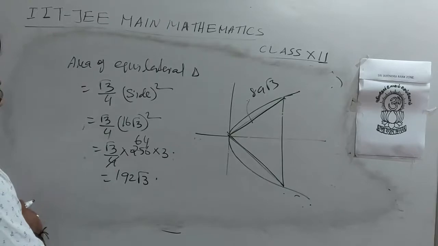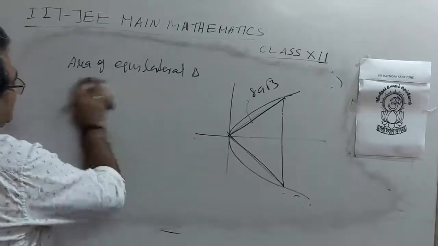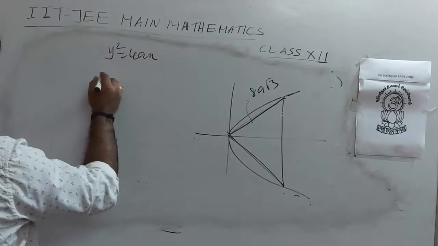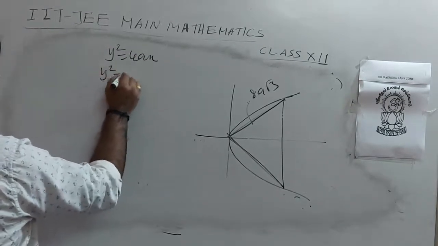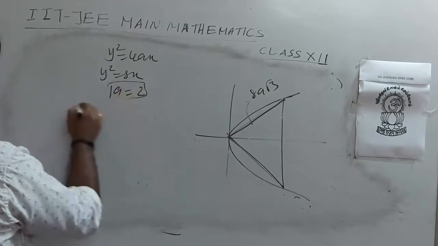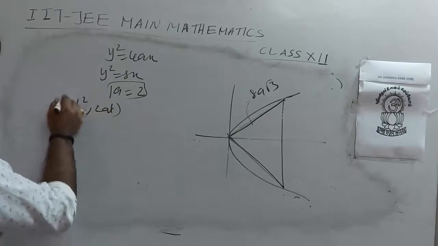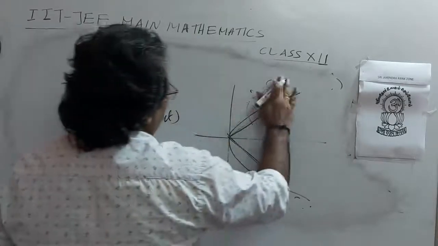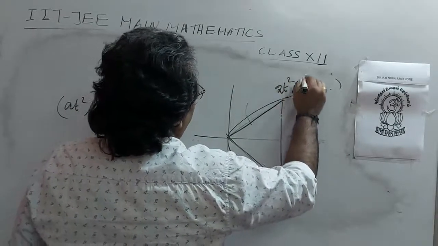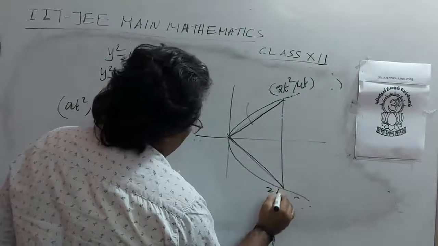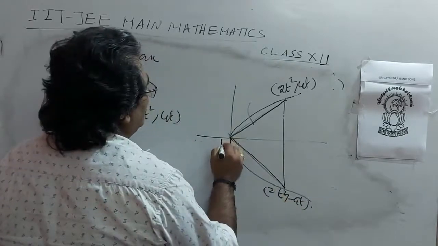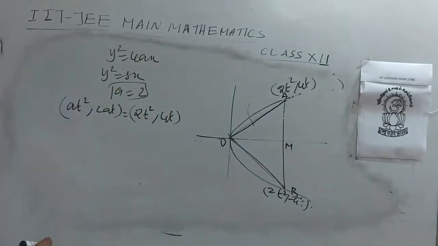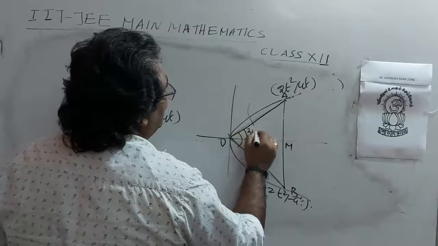This is one method. Other method is y² = 4ax, y² = 8x, a = 2. The point is (2t², 4t). This is 60 degree, this is 30.